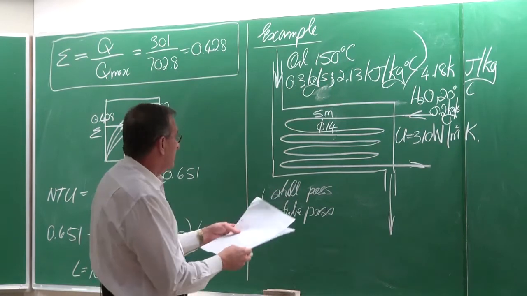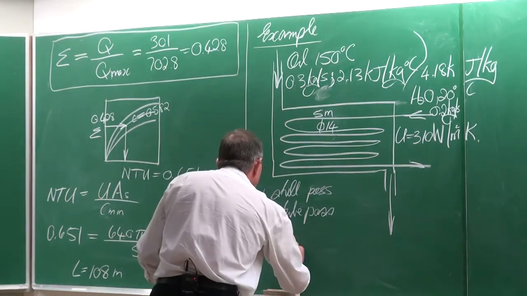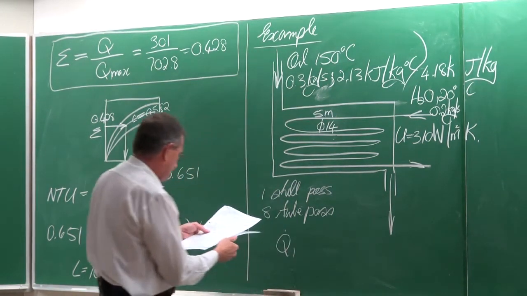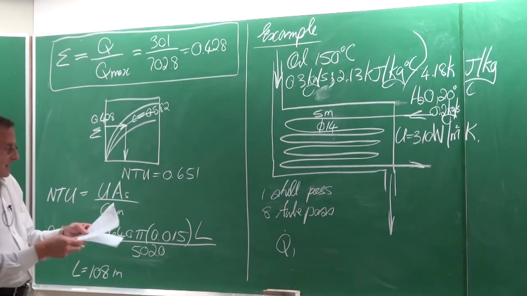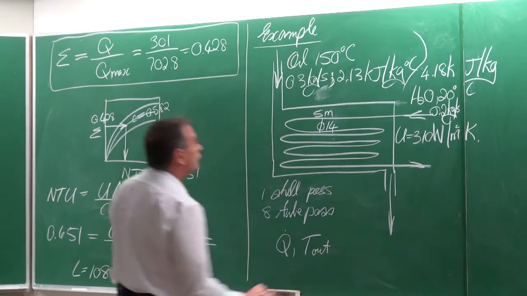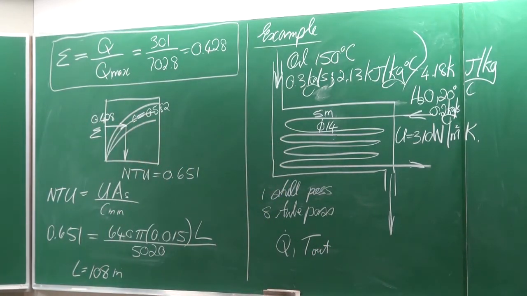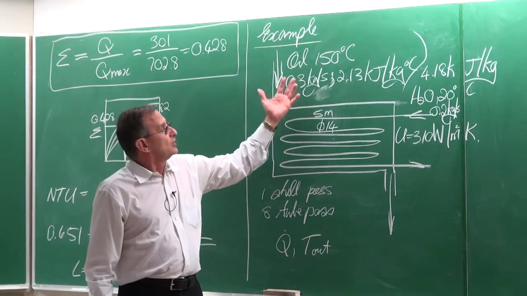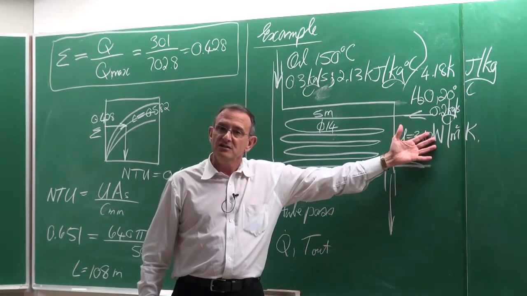And the question would be, let's determine the heat transfer rate and the outlet temperatures of the oil and the water. Okay, now this is a good example of a problem where you only have the inlet conditions.